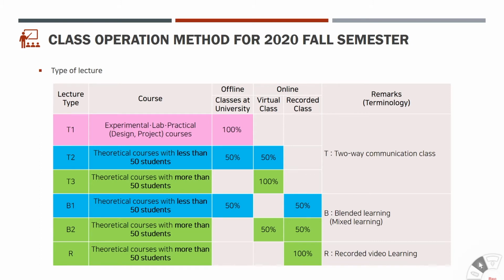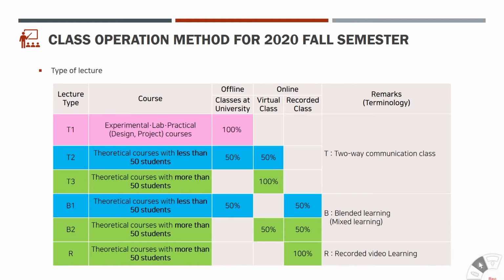The first one, T1. T1 means experimental lab or practical courses, and this kind of course is done 100% offline. That means it will be held in classrooms at the university. Second, T2, theoretical courses with less than 50 students.